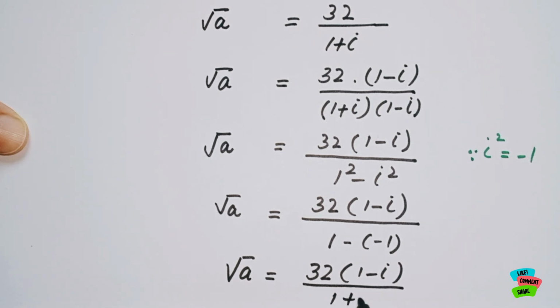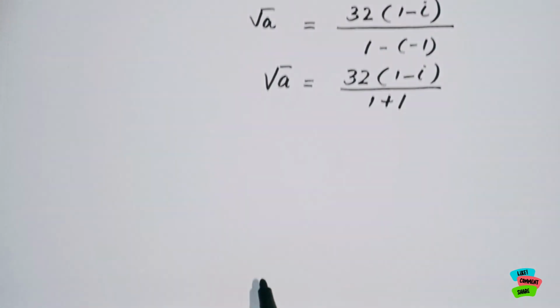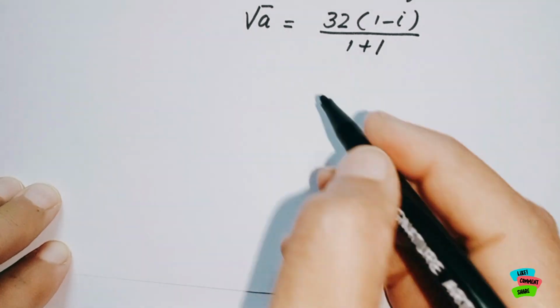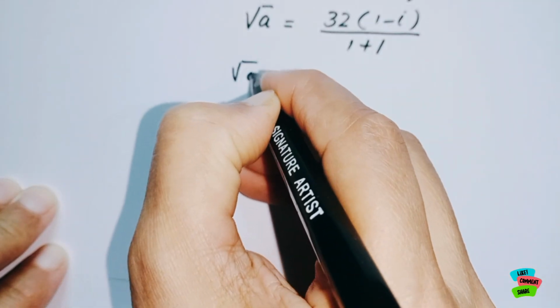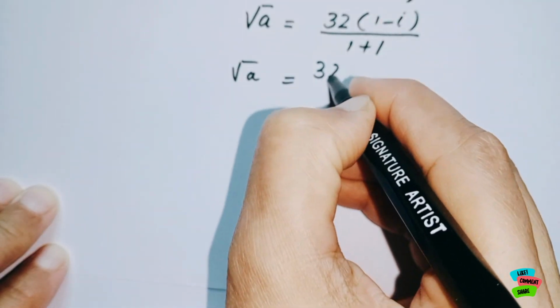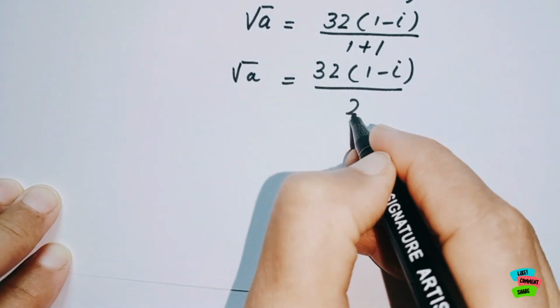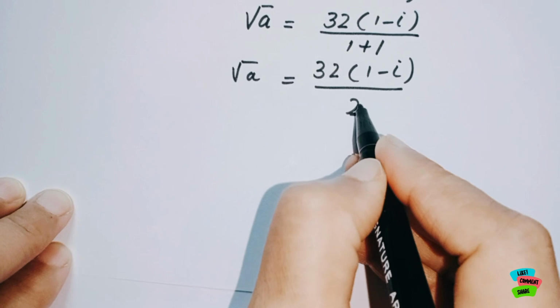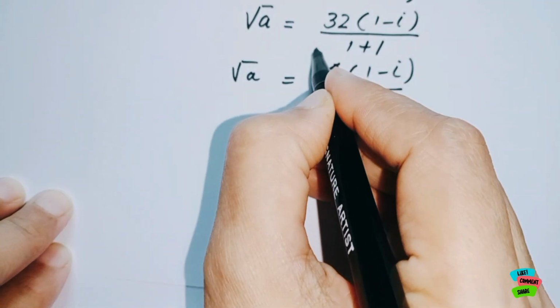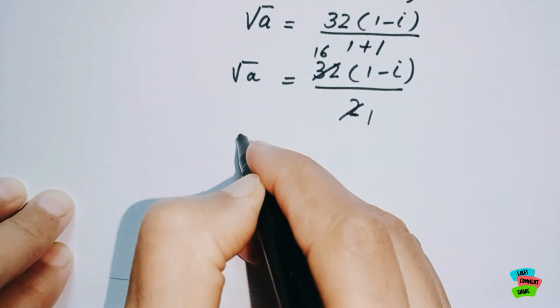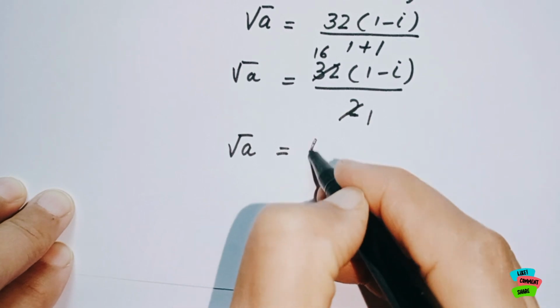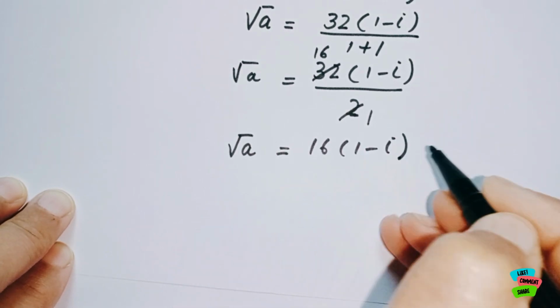Minus minus will give plus, it will become positive. So square root a is equal to 32 times 1 minus i over 2. Here 2 will divide 32 and it will give 16. So square root a is equal to 16 times 1 minus i.